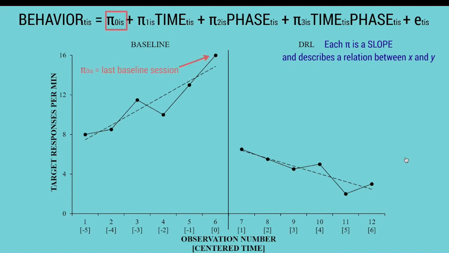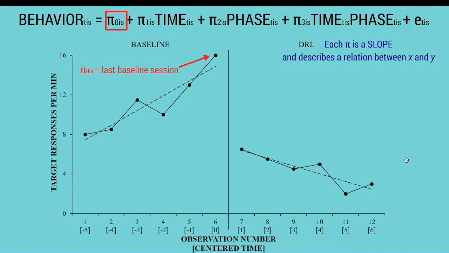So pi sub 0, that is called the intercept. And because of how we coded our predictor variables, how we coded time and how we coded phase, what means 0 within those, pi sub 0 ends up being interpreted as the value of the last baseline session.